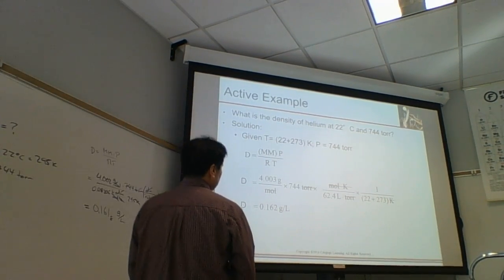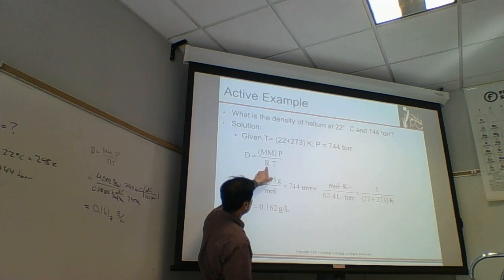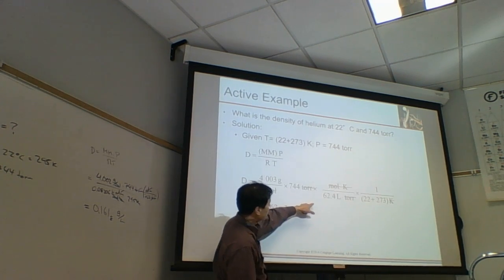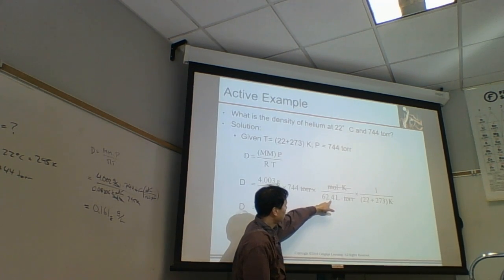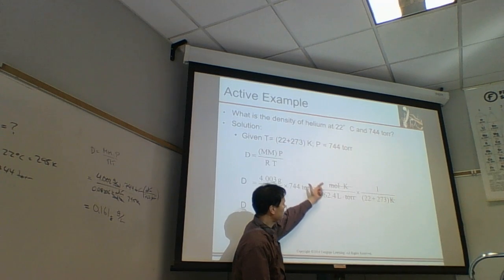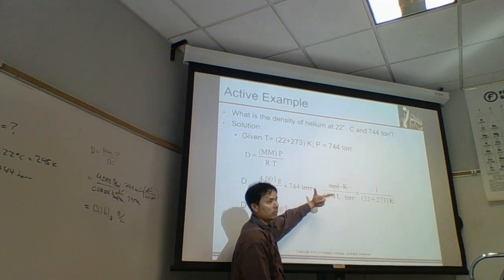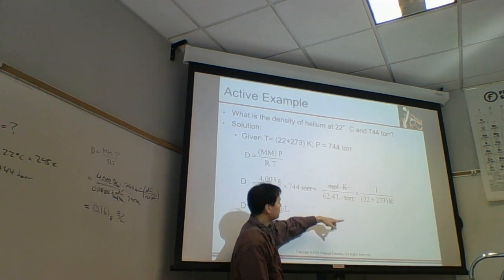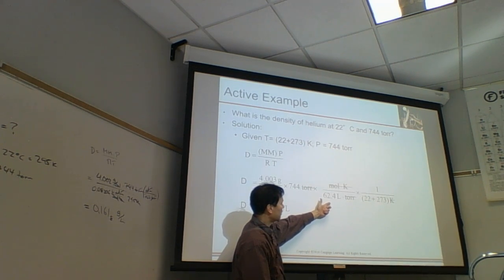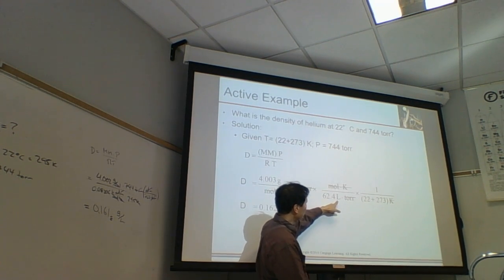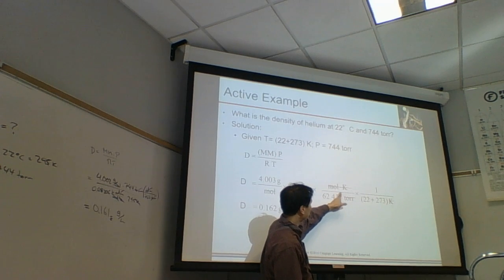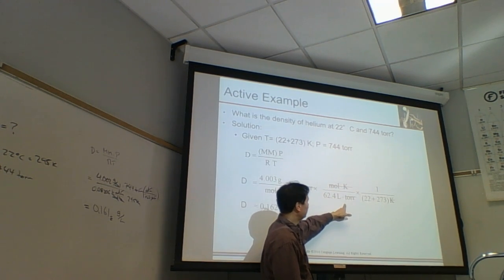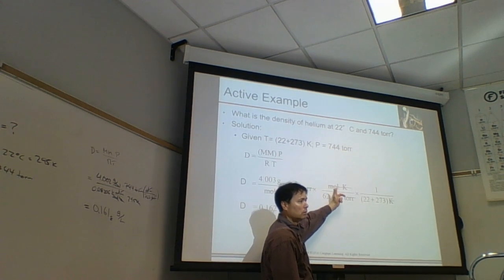When you look at the book's solution, they use a different value of R. The R value that they use is 62.4. We use 0.08206. What's the difference between the book's R and our R value? The difference is the units. We did liters atmosphere per mole Kelvin. They're doing liters torr per mole Kelvin.